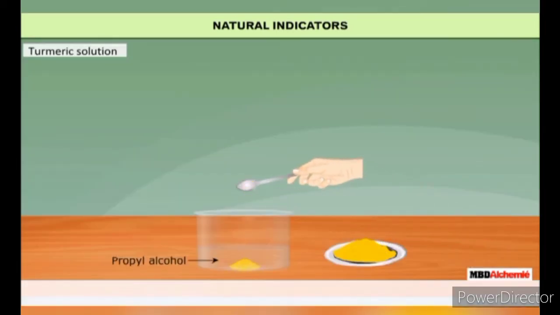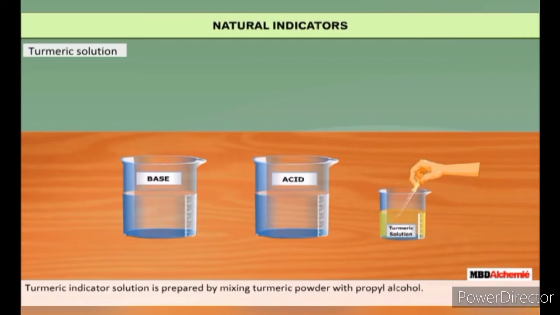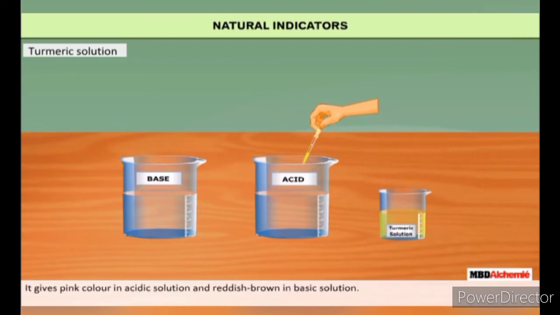Turmeric solution. Turmeric indicator solution is prepared by mixing turmeric powder with propyl alcohol. It gives pink color in acidic solution and reddish brown in basic solution.